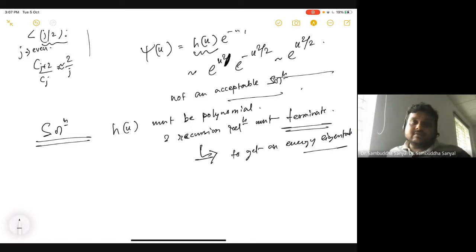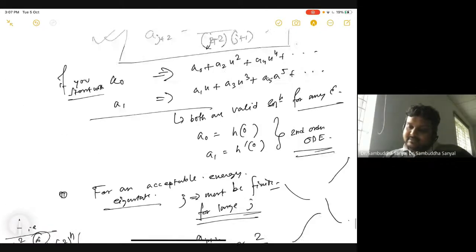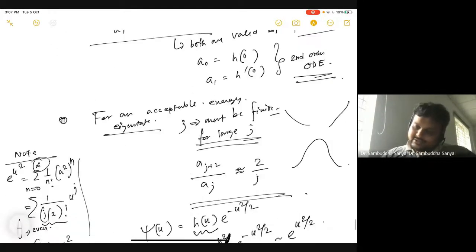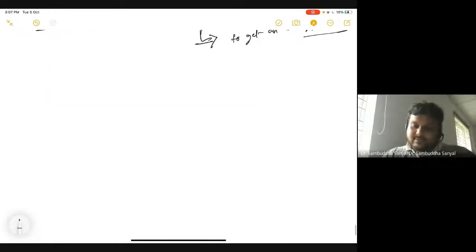So now, what is the termination condition? The termination condition simply tells you that this guy has to vanish at some point, somewhere. So that will give us a quantization. So how does it look? The recursion relation now will look like this.